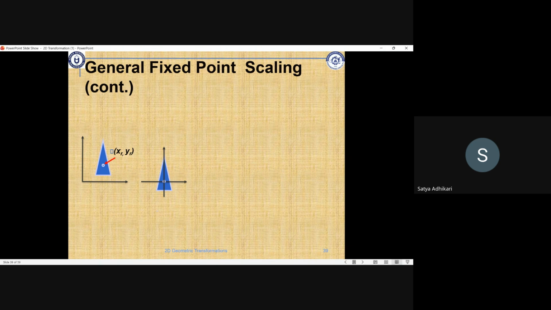So now XR and YR become 0, 0, the origin. Once it comes to the origin, you apply the scaling factor and you see it changes the size.